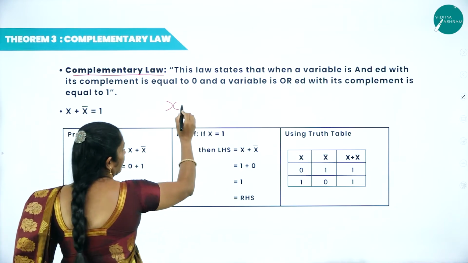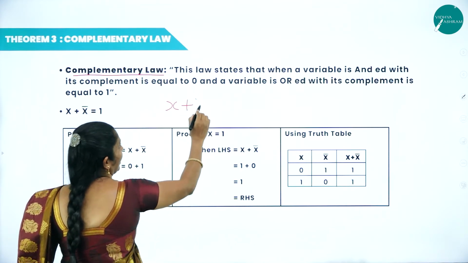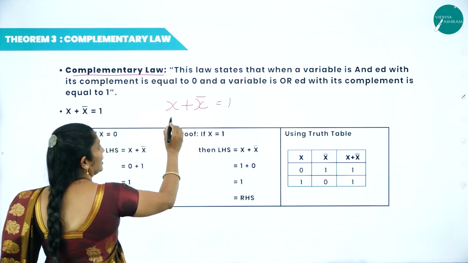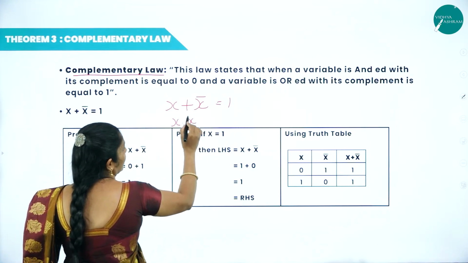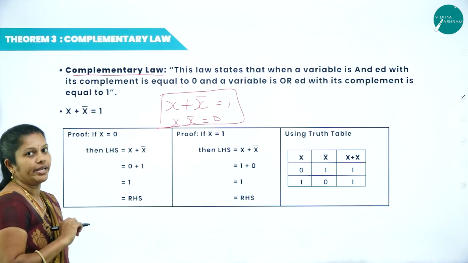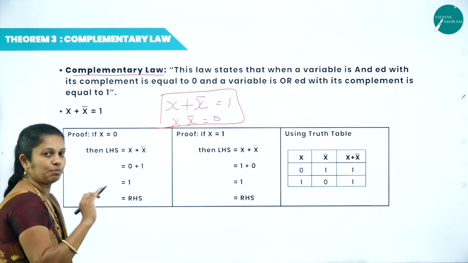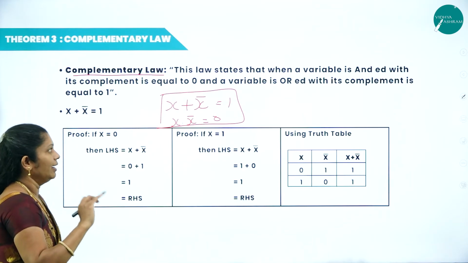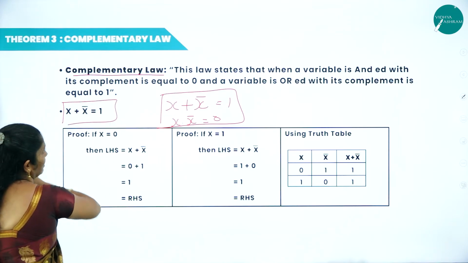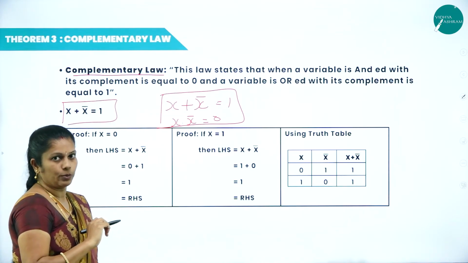Once again, I am going to combine with the plus operator x bar. Then the output represents 1. In the same way, x into x bar equals 0. These are the two complementarity law statements. That is x plus x bar equals 1 and x into x bar equals 0. Now, one by one we will prove. That is the first one, x plus x bar equals 1.